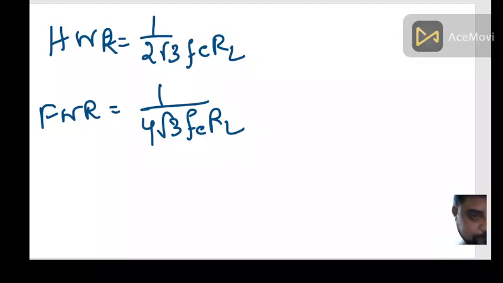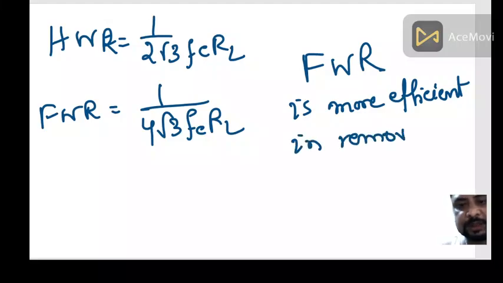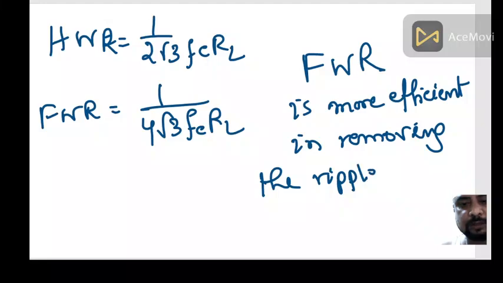So you can see that gamma, the ripple factor for half wave, is almost 2 times the full wave rectifier. So the full wave rectifier is more efficient, as we have seen in the previous lectures, in removing the ripples. You can also use the word minimizing, as ripples are not totally removed. There are some quantities of ripple that are always present.